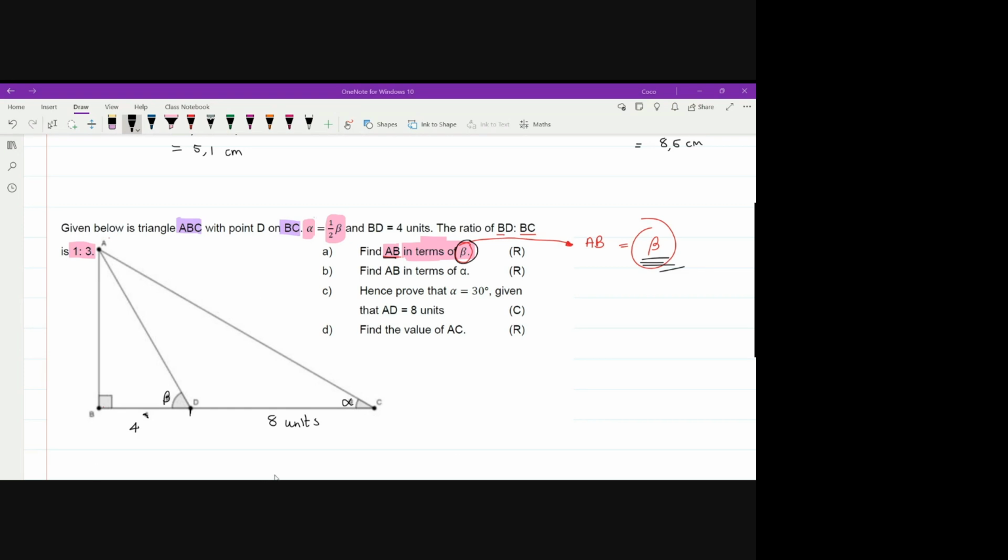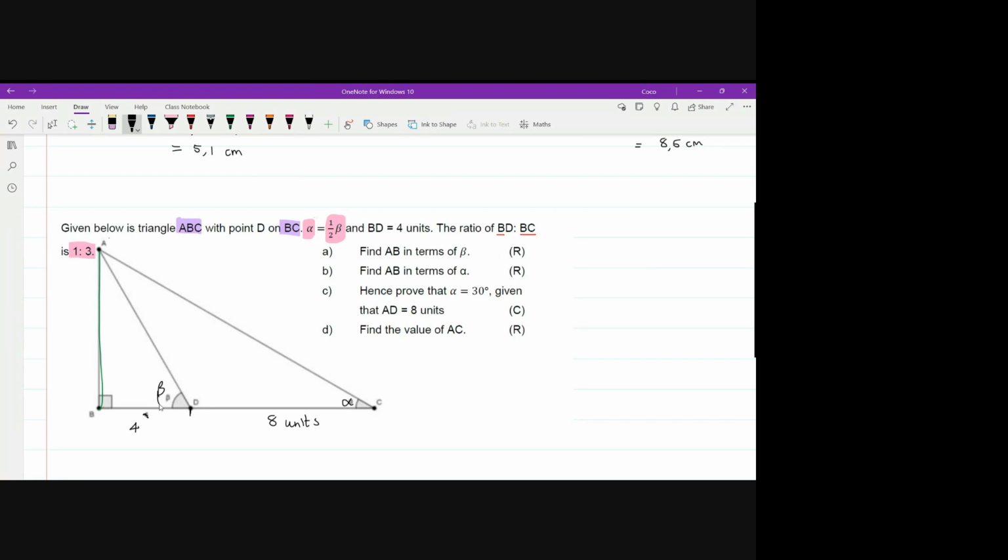Let's go ahead and do the first question together, just so I can help you guys out with where our thinking is going in this particular question. It says solve for AB, so we know that we're looking for AB. This is AB over here, in terms of beta, which means they want us to use that angle there. Let me just rewrite beta.